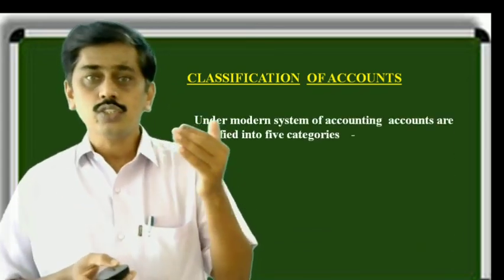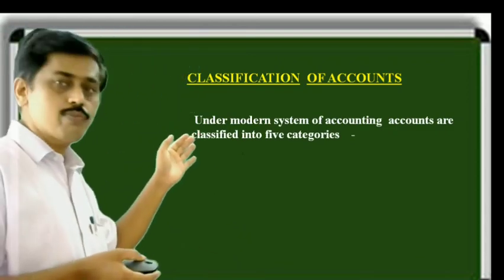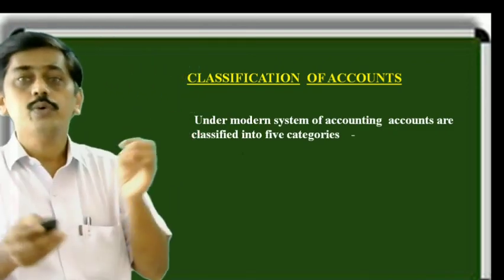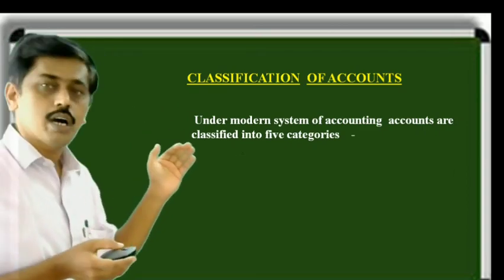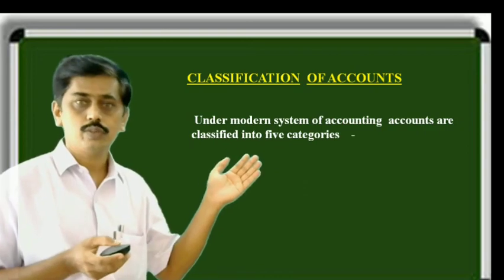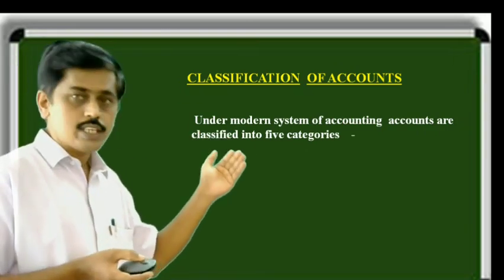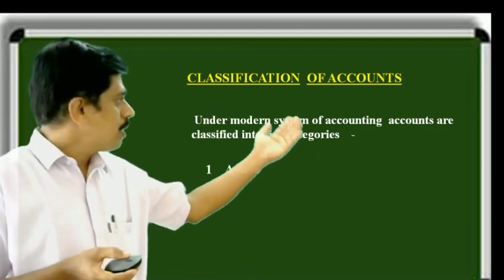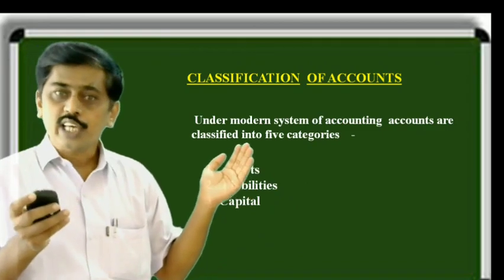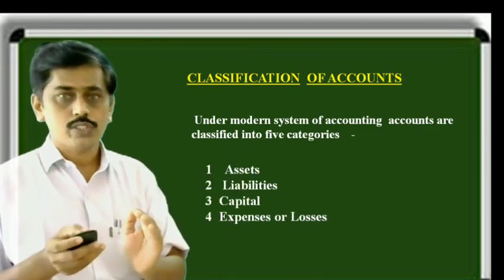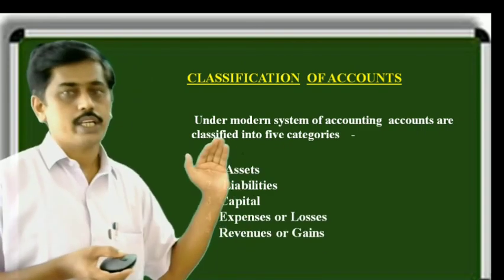In the modern system of accounting, the accounts are classified into 5 categories, namely assets, liabilities, capital, expenses or losses, and revenues or gains.